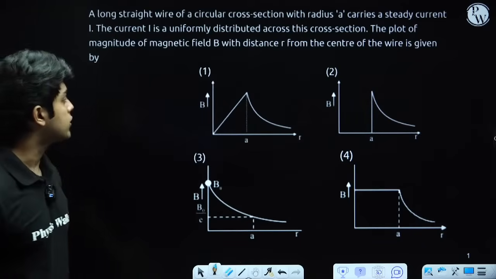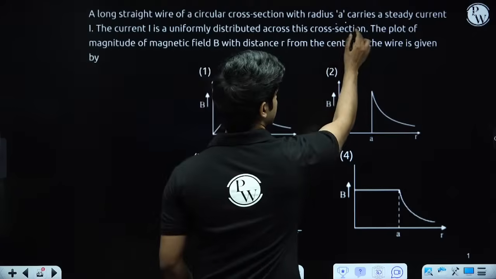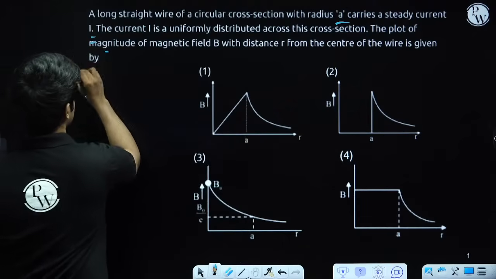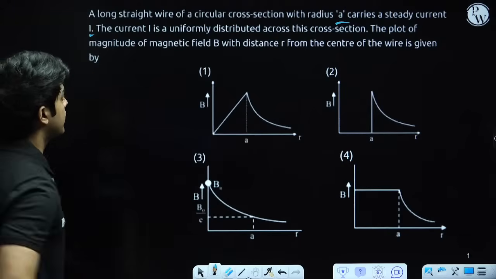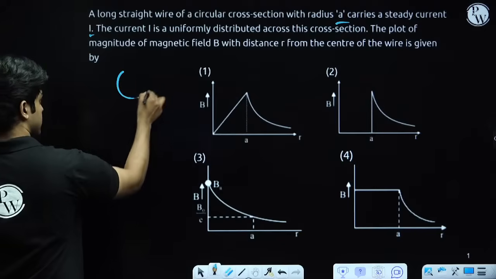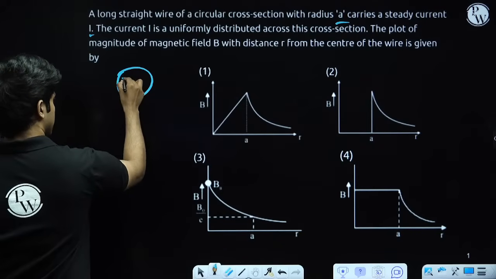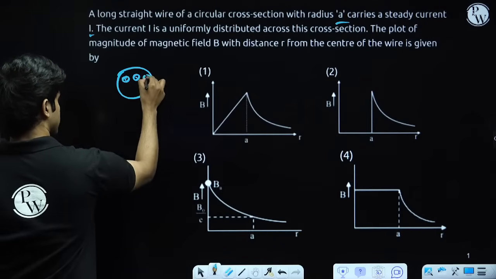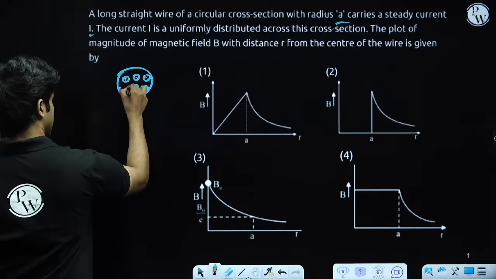A long wire of circular cross section with radius A carries a steady current I. Current I is uniformly distributed over the cross sectional area. So if this is the cross section of the cylinder, the current coming out is uniformly distributed in this area.